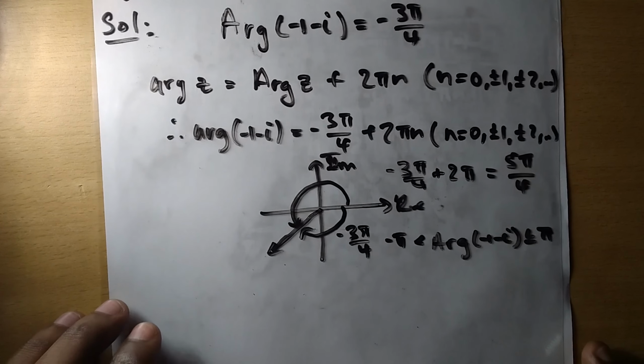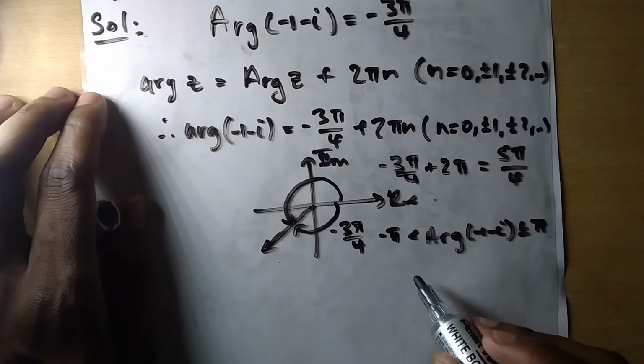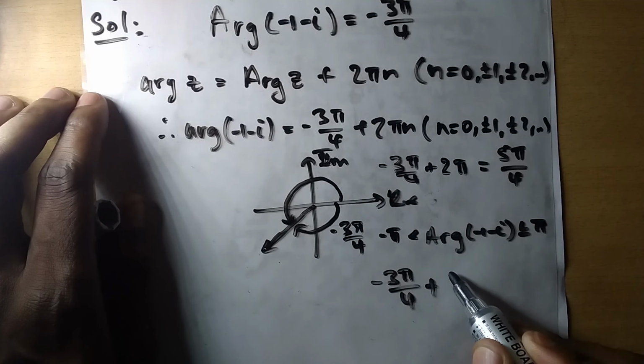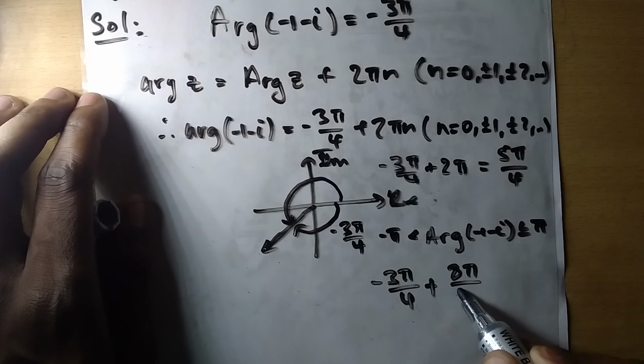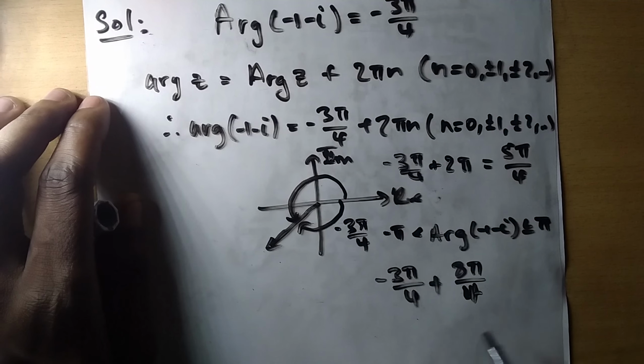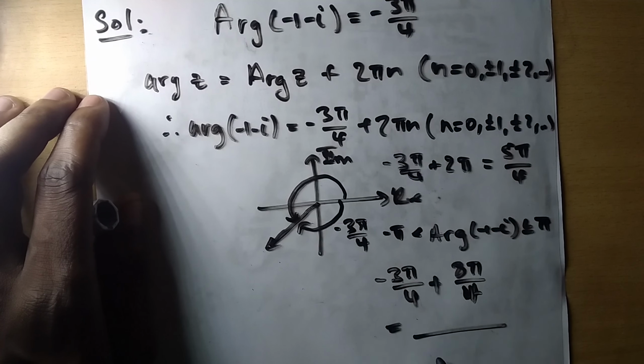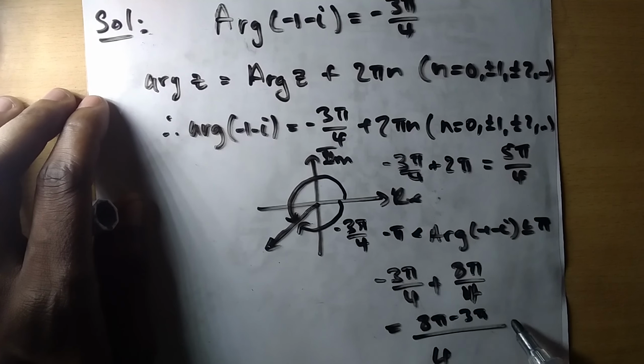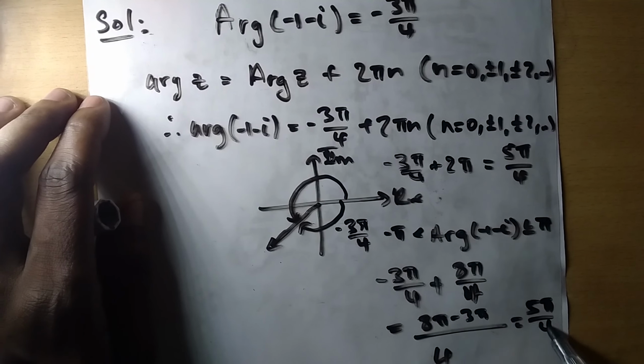Because 2 pi can be written as 8 pi over 4. So you see that the denominators are the same, so I'm going to have 8 pi minus 3 pi, which is just 5 pi over 4.